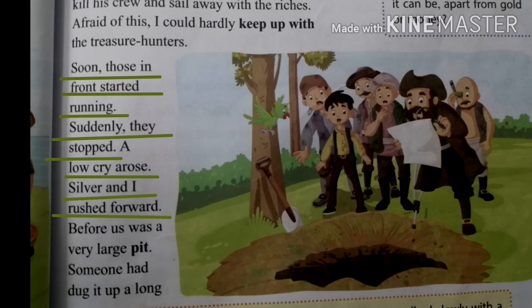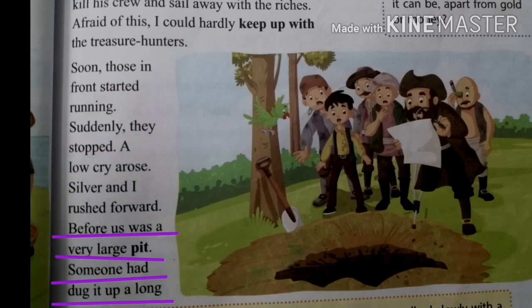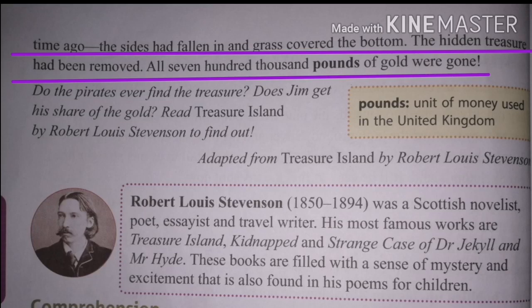A low cry arose. Silver and I rushed forward. Before us was a very large pit. Someone had dug it up a long time ago. The sides had fallen in and grass covered the bottom. The hidden treasure had been removed. All 700,000 pounds of gold were gone.